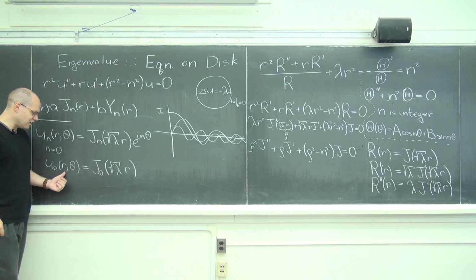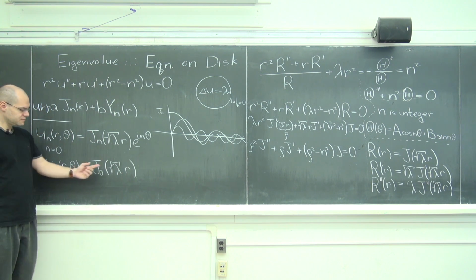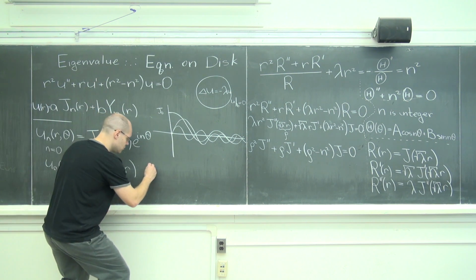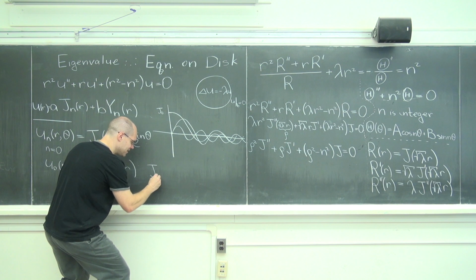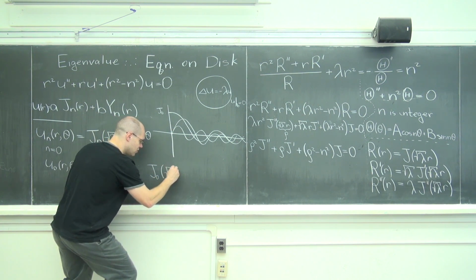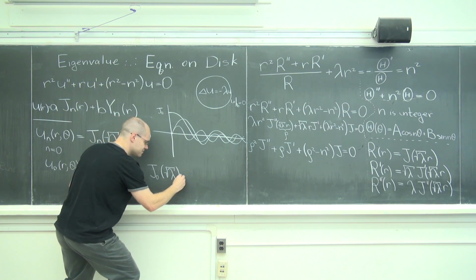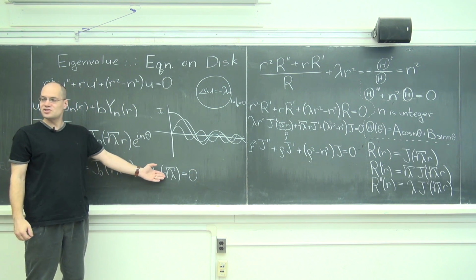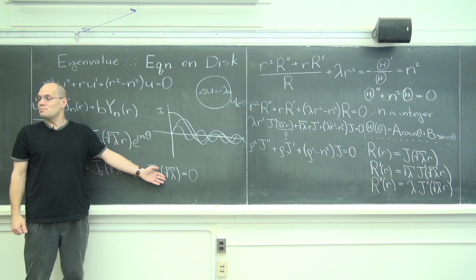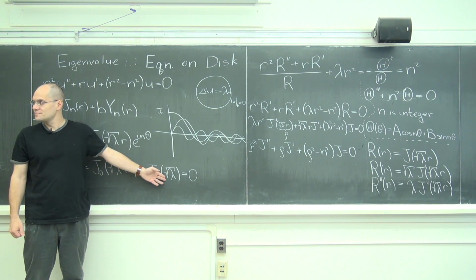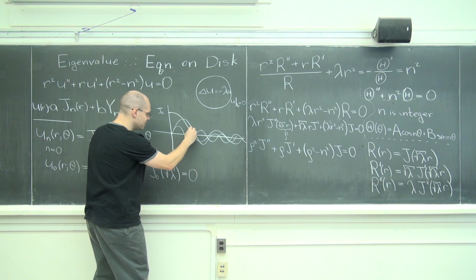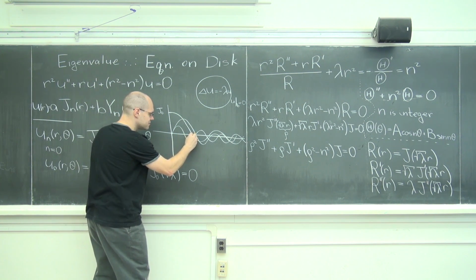And when we plug in r equals 1, this needs to be 0. So the equation that we end up having is J0 of square root of lambda equals 0. So what is square root of lambda? It must be the first root of J0. It's whatever, pay attention, it's whatever this value is.